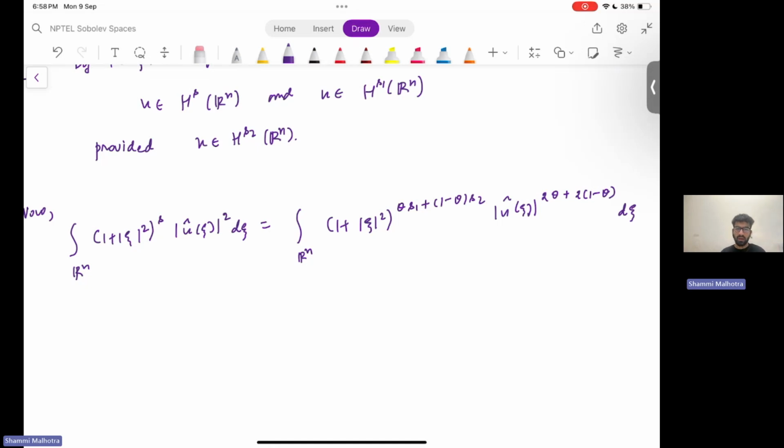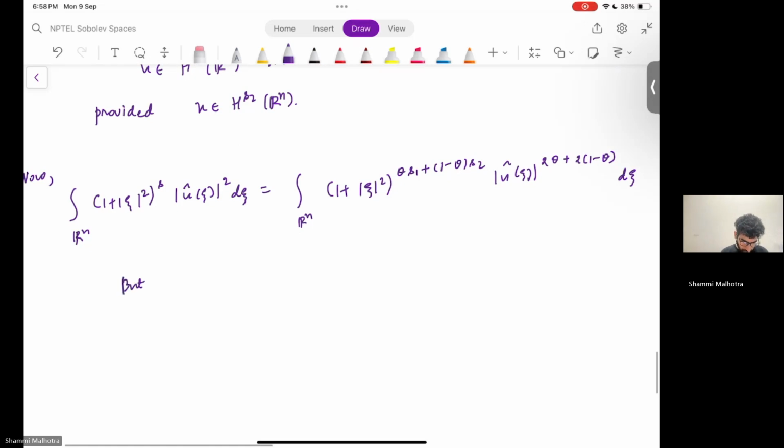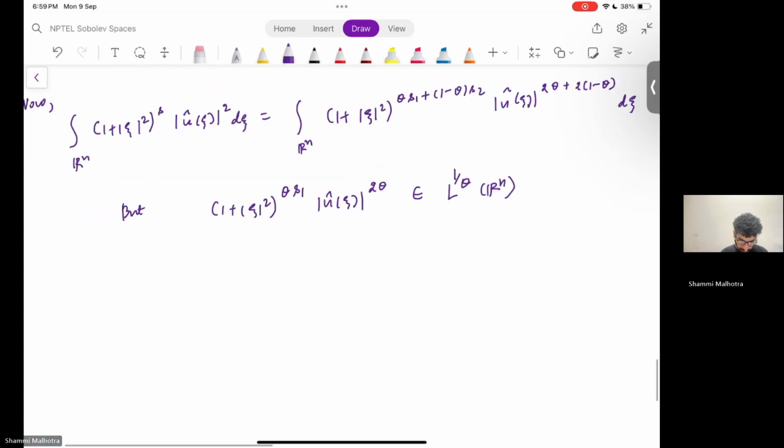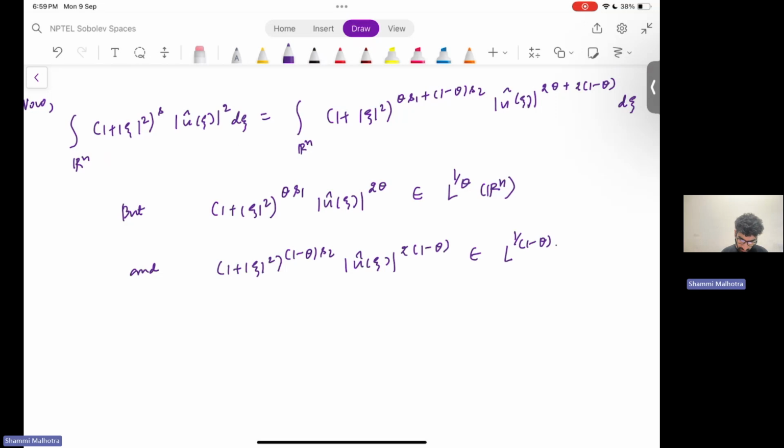But well, we have here (1 plus |xi|^2)^(theta s1) times |u hat(xi)|^(2 theta), which belongs to L^(1/theta)(R^n), and (1 plus |xi|^2)^((1 minus theta) s2) times |u hat(xi)|^(2(1 minus theta)), which belongs to L^(1/(1 minus theta))(R^n).